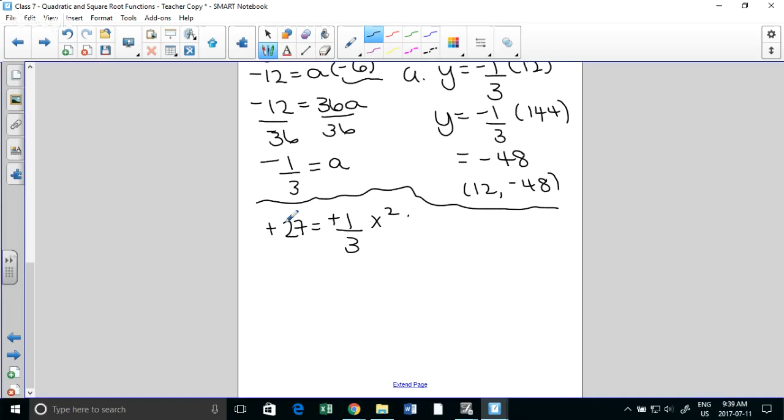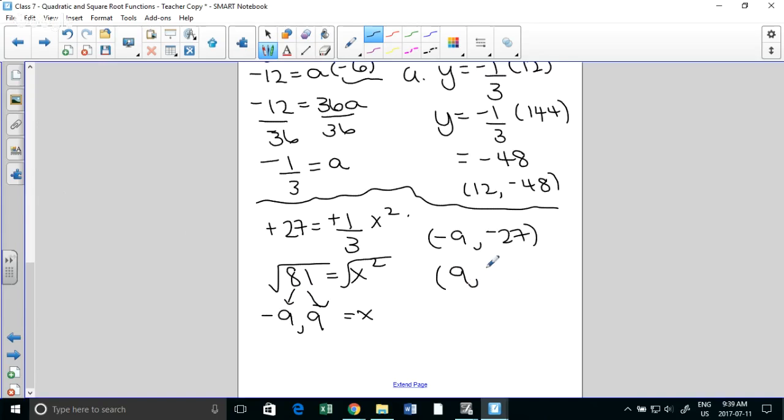I have 27 times 3, which is 81. When I square root, I get x's -9 and 9, because when I square root 81, I have the positive case and the negative case. So for each y value, I have 2 different points. So I have 2 different x values.